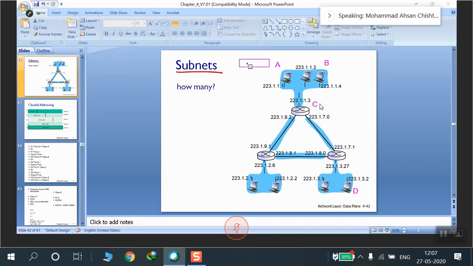There are two scenarios that come into being here. One is A sending to B, another scenario is A sending to D. Let's take the first scenario, A sending to B. Now this packet is to be sent to B, which has IP address 223.1.1.4.